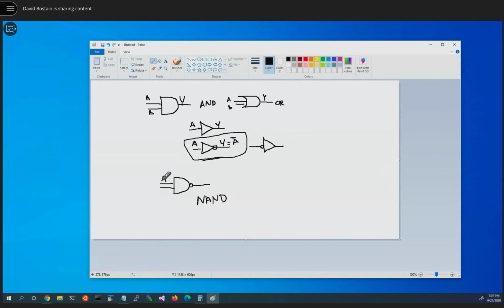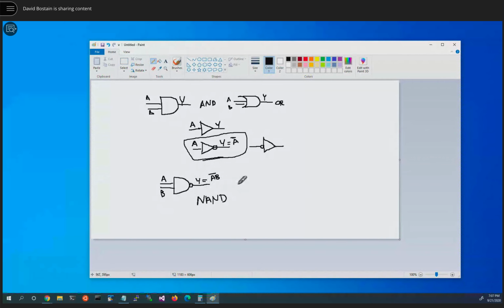This is A coming in, B coming in, Y going out, but Y is equal to A and B ANDed and inverted. Notice that this thing right here has two terms inverted. So this isn't exactly a sum of products. So we're going to watch for that later.